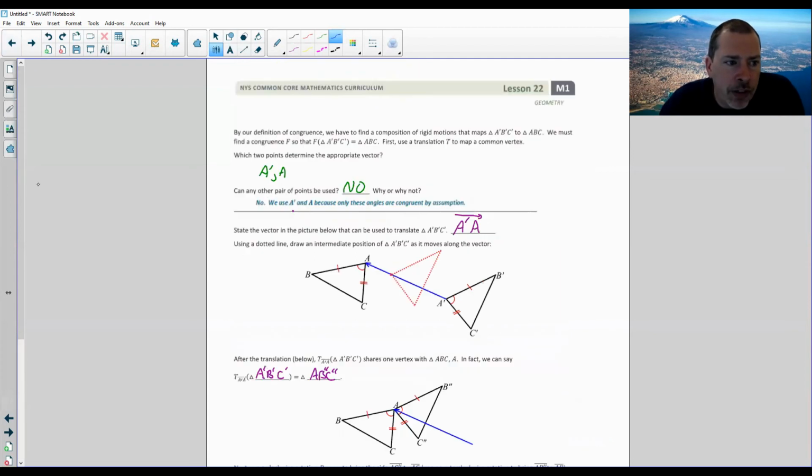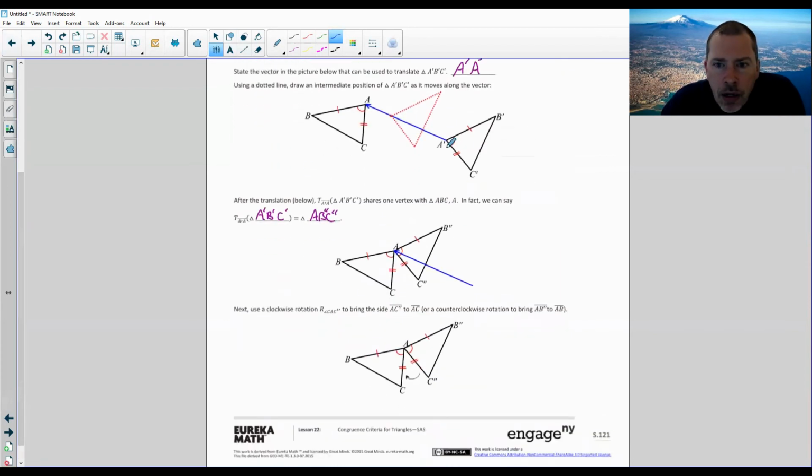So let me just go back and clear that up. Notice the name of this triangle. It's A prime, B prime, C prime. When I slid this over to A, right here, A prime became A. B prime became B double prime. And C prime became C double prime. See that?